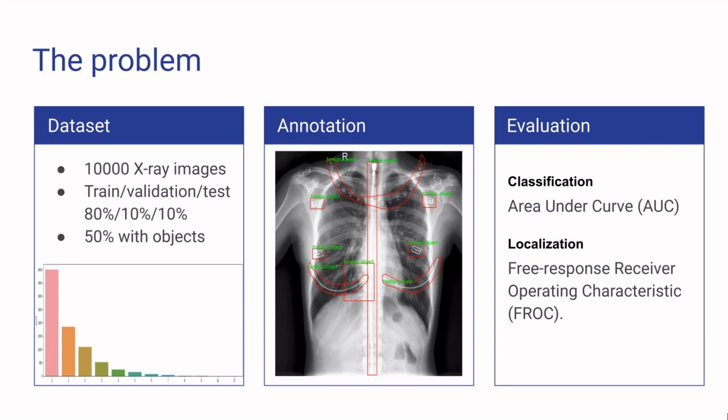The organizers have chosen both well-thought metrics. For classification, we use area under the curve, and for localization, we use FROC. Both have a good balance between accuracy, recall, and false positives.